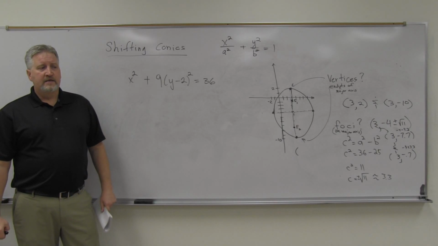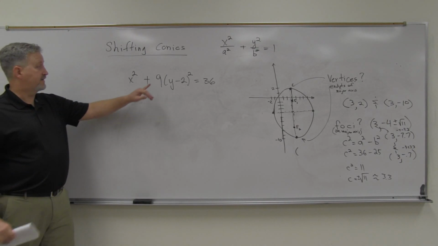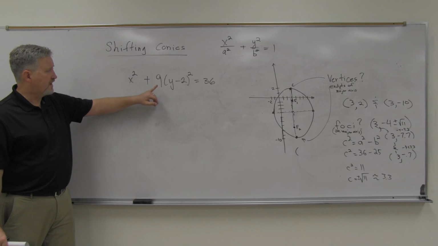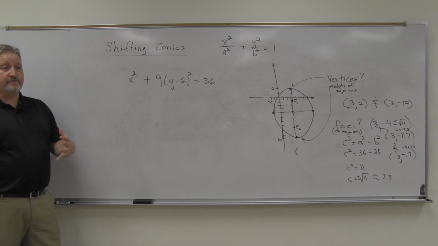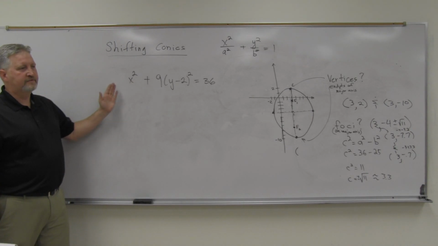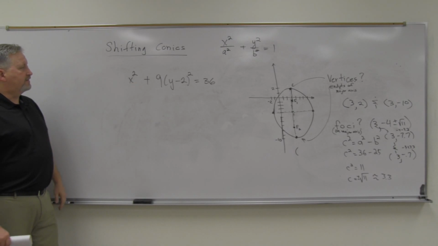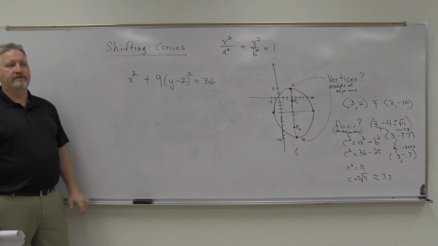But this one's not a circle because of the 9 here. Usually if you have a number in front of your y squared or x squared, that means it's not going to be a circle, unless they're both the same. So this one's going to be an ellipse because of the 9 here.